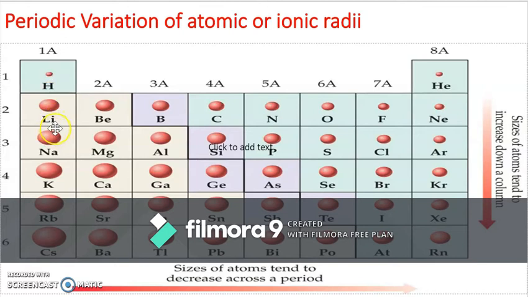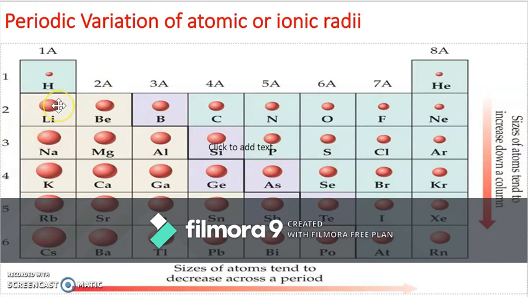In a period, that is left to right, there is a decrease in the values of atomic and ionic radii with increase in atomic number. Consider the atomic covalent radii of second period elements.